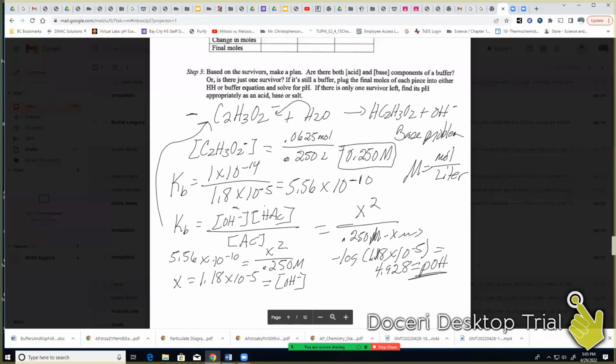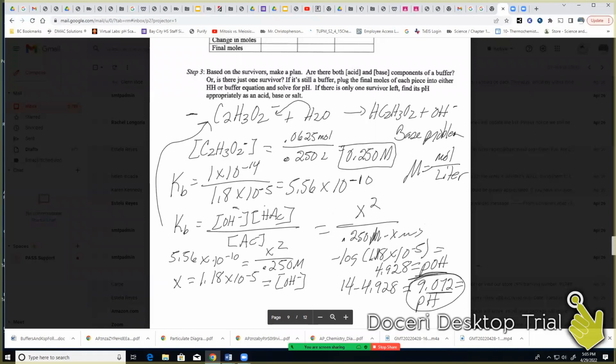I'm going to make sure they know that I know that. 14 minus 4.928 is going to give me 9.072, which is equal to my pH. That I am going to circle, and I'm going to realize that if I go back up to my concentrations at the very beginning in my volumes, it was 3 sig figs.